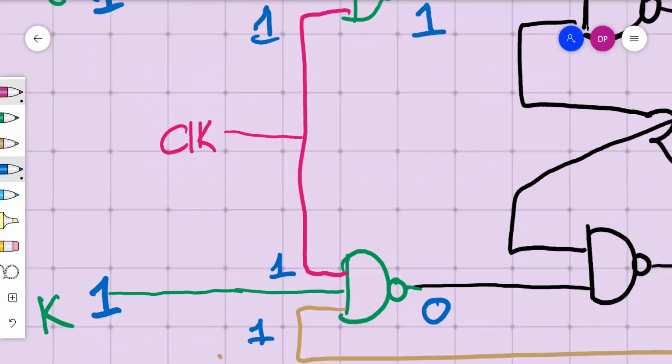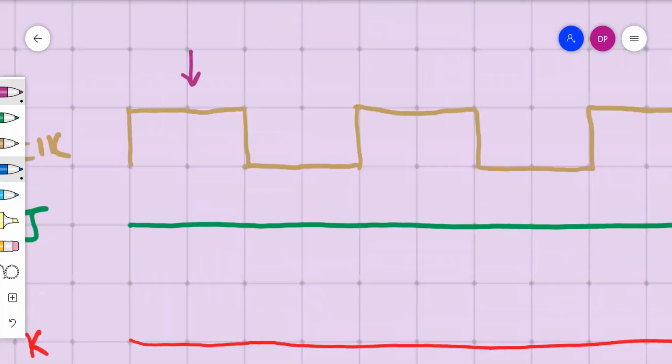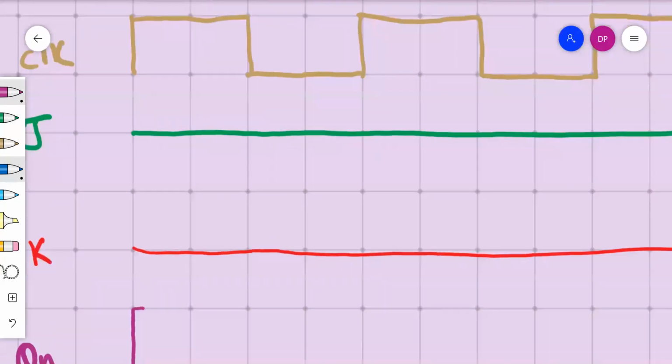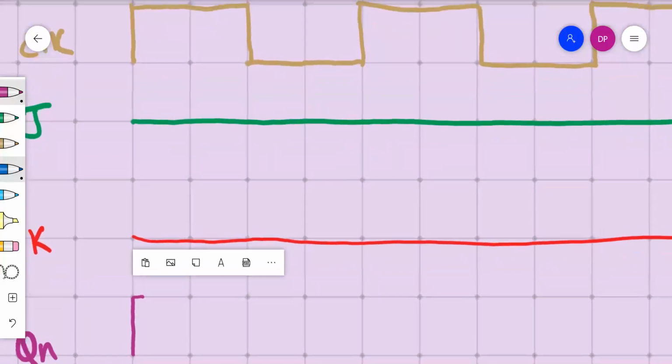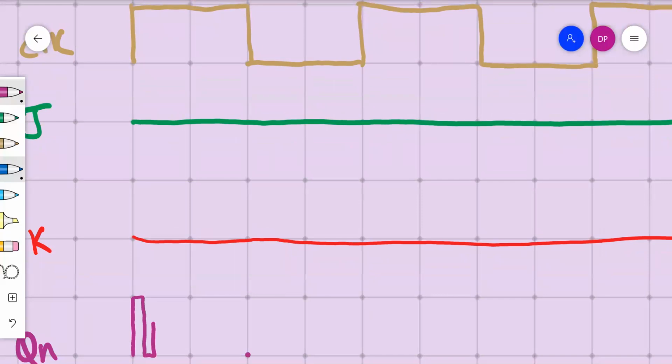Right? So the output switches over from 0 1 0 1 like this. Okay. So up to this point, you can see, it goes on changing from 0 to 1.